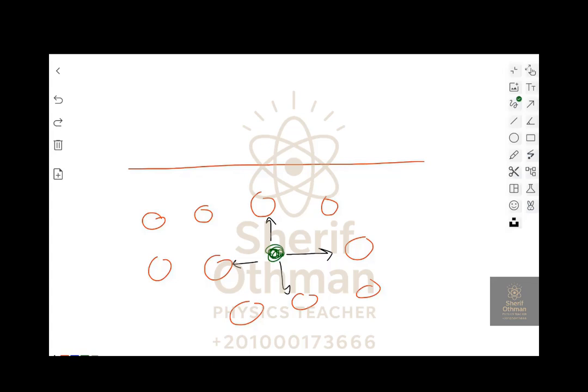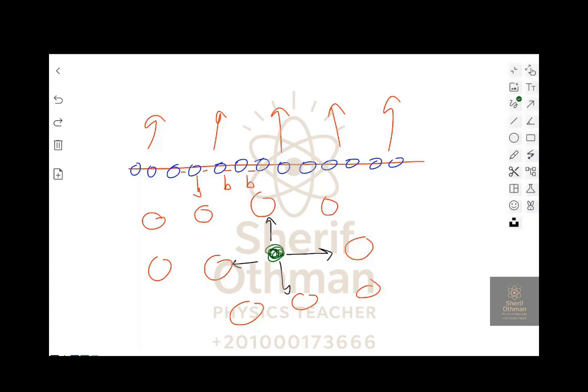But if I'm talking about the particles at the surface, there is a group of forces acting on these particles, either downward or horizontal. But there is no upward attraction force.